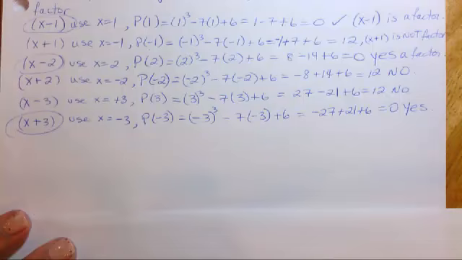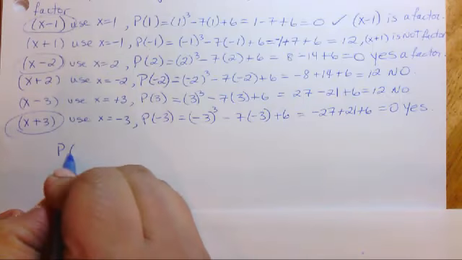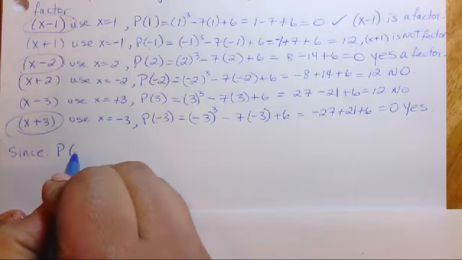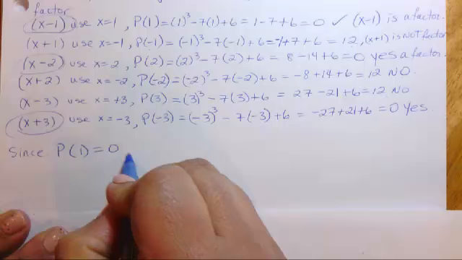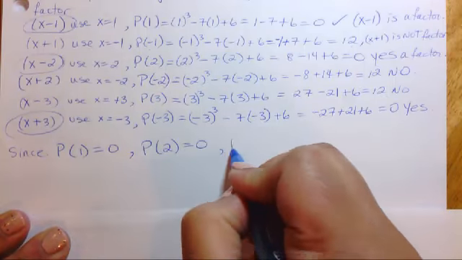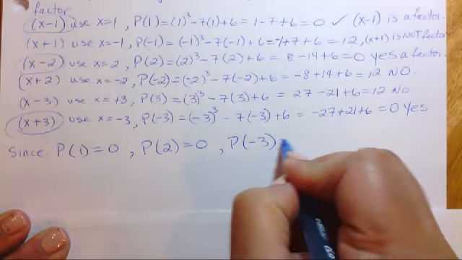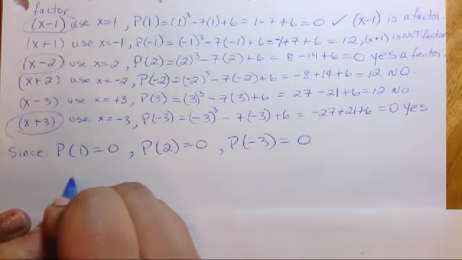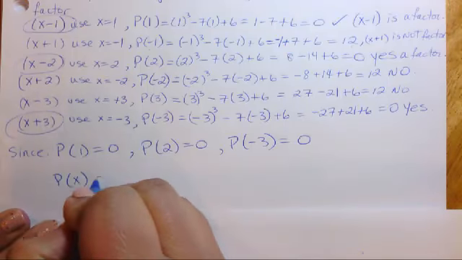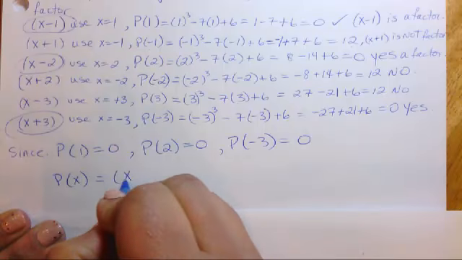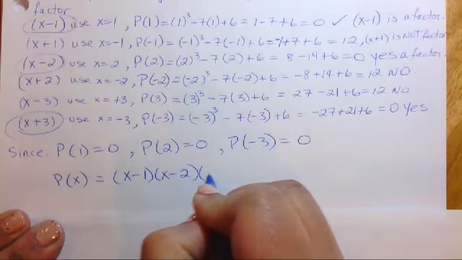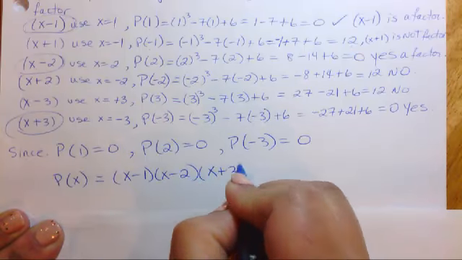So then I could have a statement at the end, and it could look like, since P of 1 is equal to 0, P of 2 was equal to 0, and P of -3 was equal to 0, that means that P of x could also be written this way: x minus 1, x minus 2, and x plus 3.